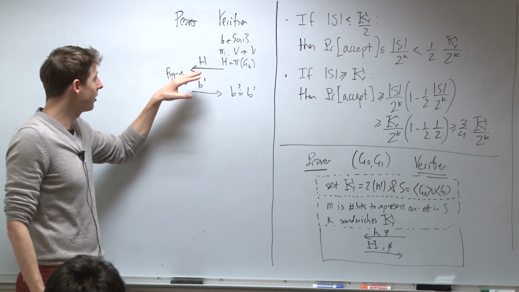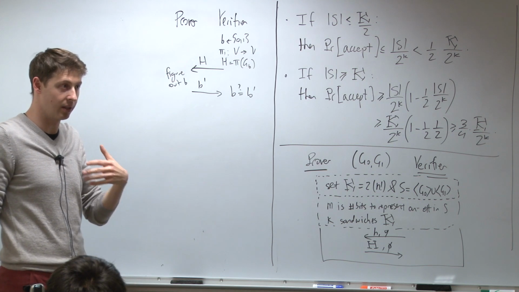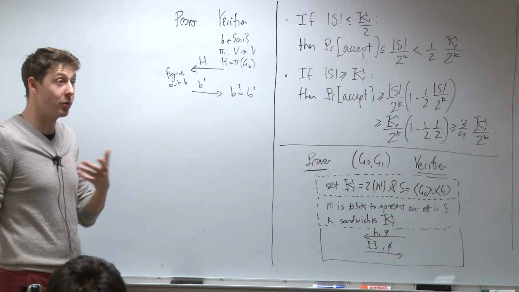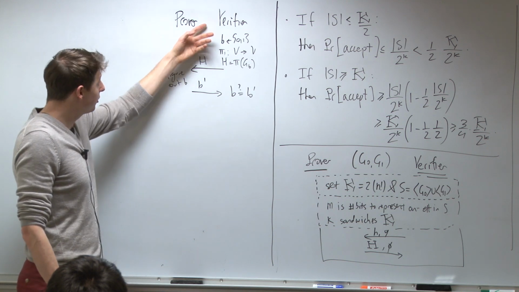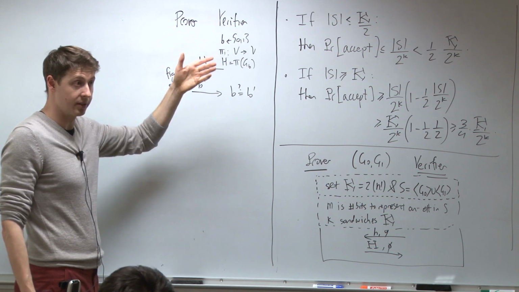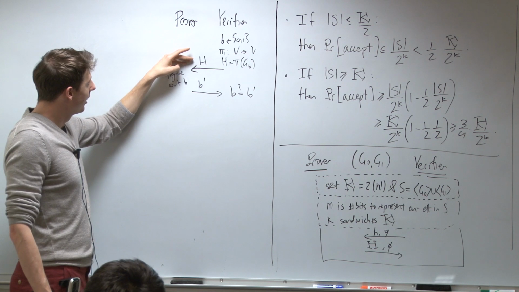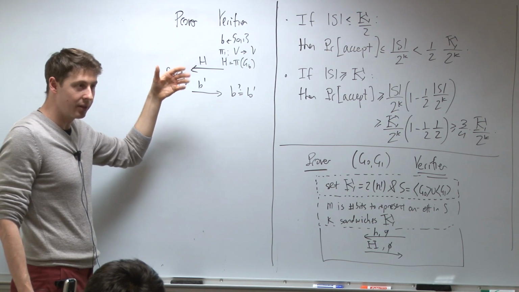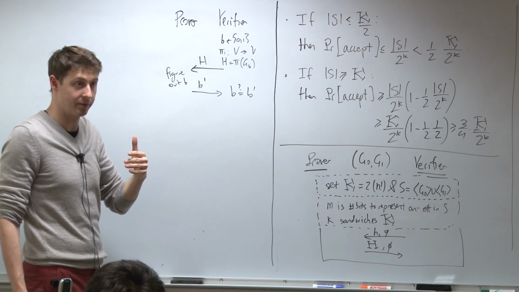So in particular, there are many messages from a verifier for which the prover can choose a winning continuation. If the two graphs are isomorphic, this is the soundness case, then the probability that the prover can continue and win is smaller. In particular, it falls from 1 to 1/2.